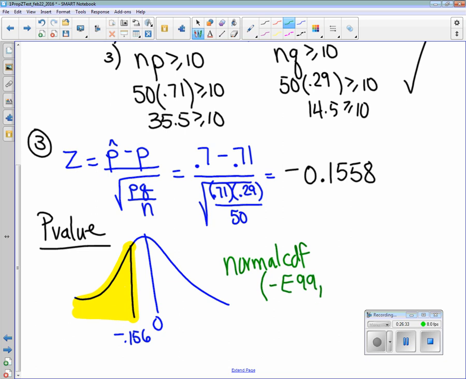What's the upper bound? Negative 0.156, and we should probably not round very much. Since it's z-scores, what's the mean? 0. And then the standard deviation would be 1. Tell me what the p-value is.